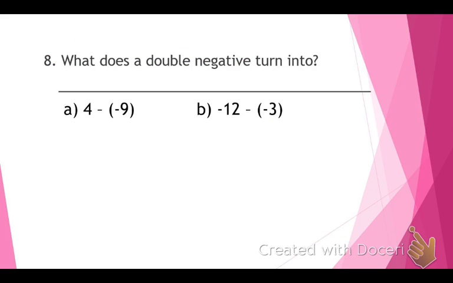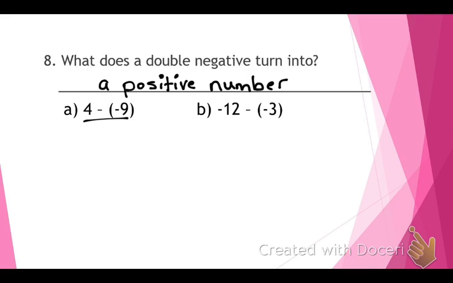Next question, number 8. What does a double negative turn into? Isabel. Positive. A positive what? Number? A positive number is correct. So for A and B, I've got a couple examples. 4 minus negative 9. Asia, help me understand. What makes this a double negative?